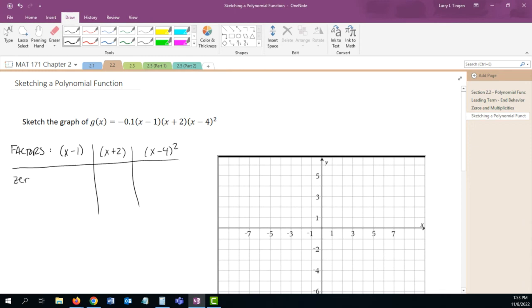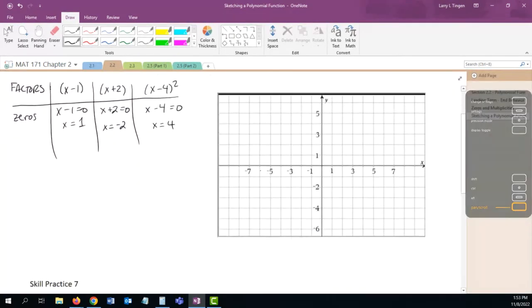All right, zeros. x plus 2 is 0, x equals negative 2. x minus 4 equals 0, x equals 4. So that's 3 zeros.